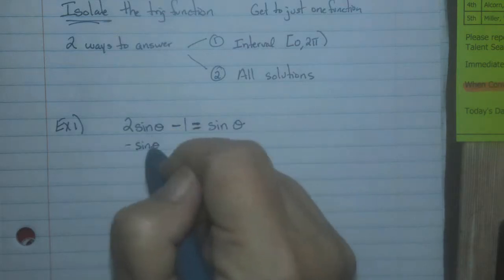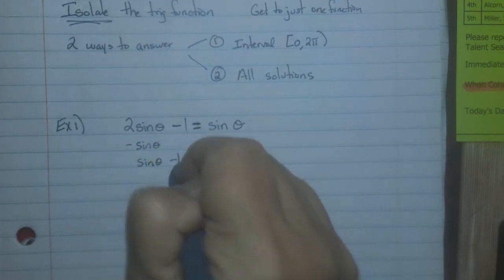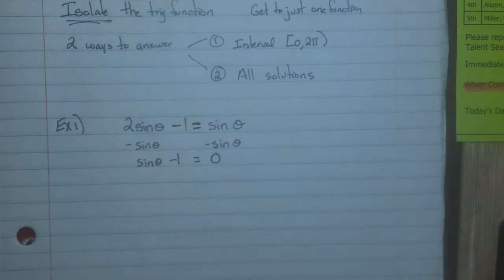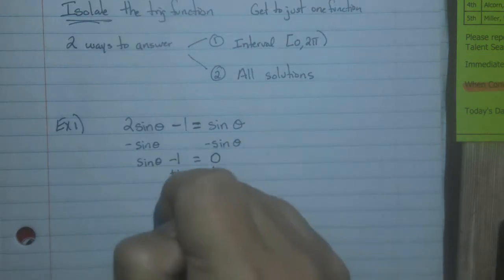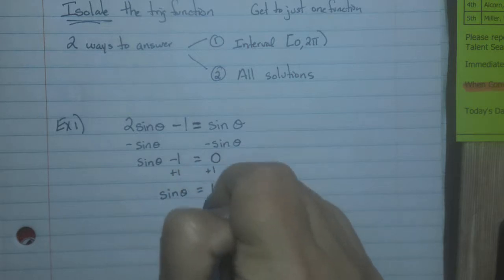So 2 sine theta minus sine theta is sine theta minus 1 equals 0. And then I'm going to add 1 to both sides. And sine of theta is equal to 1.